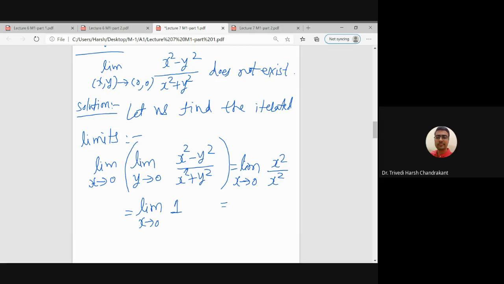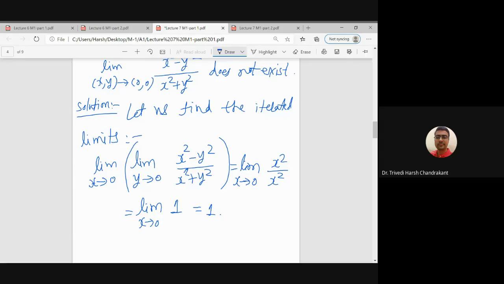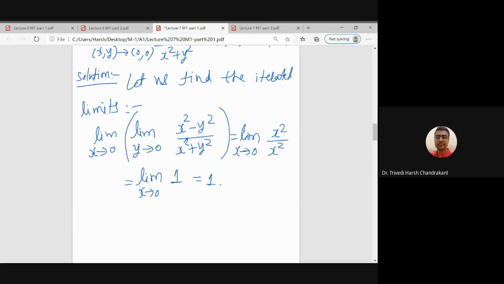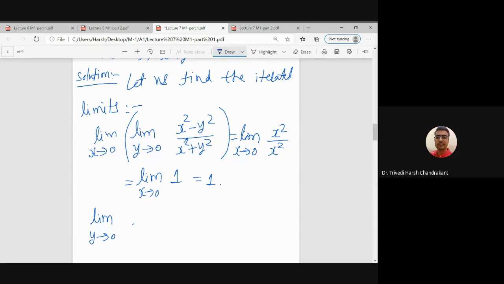And then the limit of a constant function is always the same number. So the limit is 1 in this case. So the other iterated limit is the limit where first we apply x tends to 0, and second we apply y tends to 0.